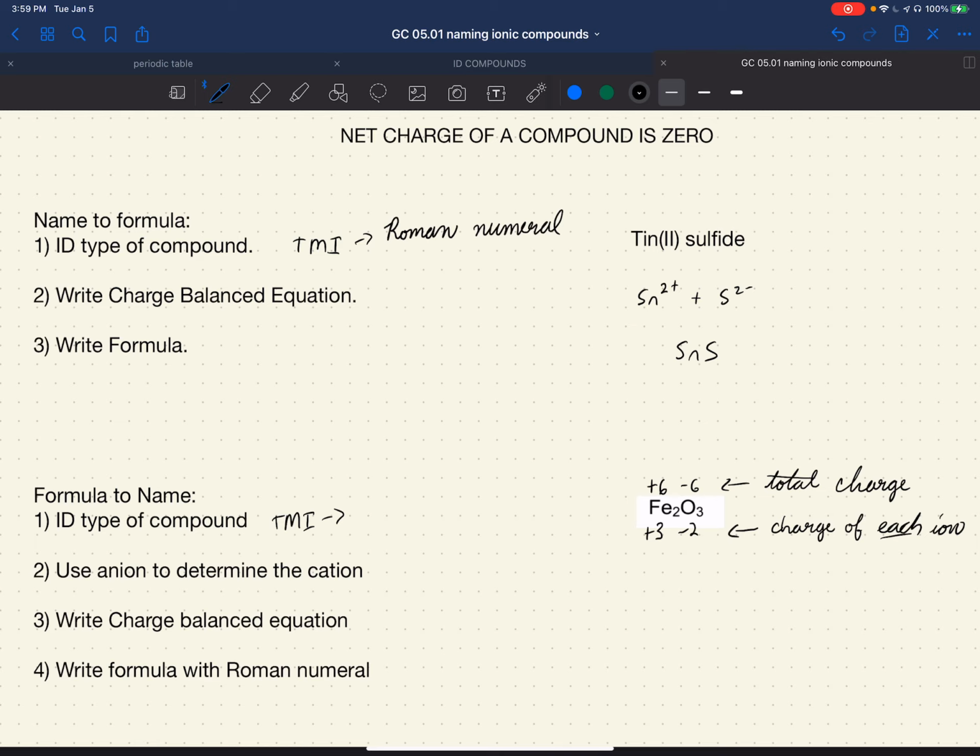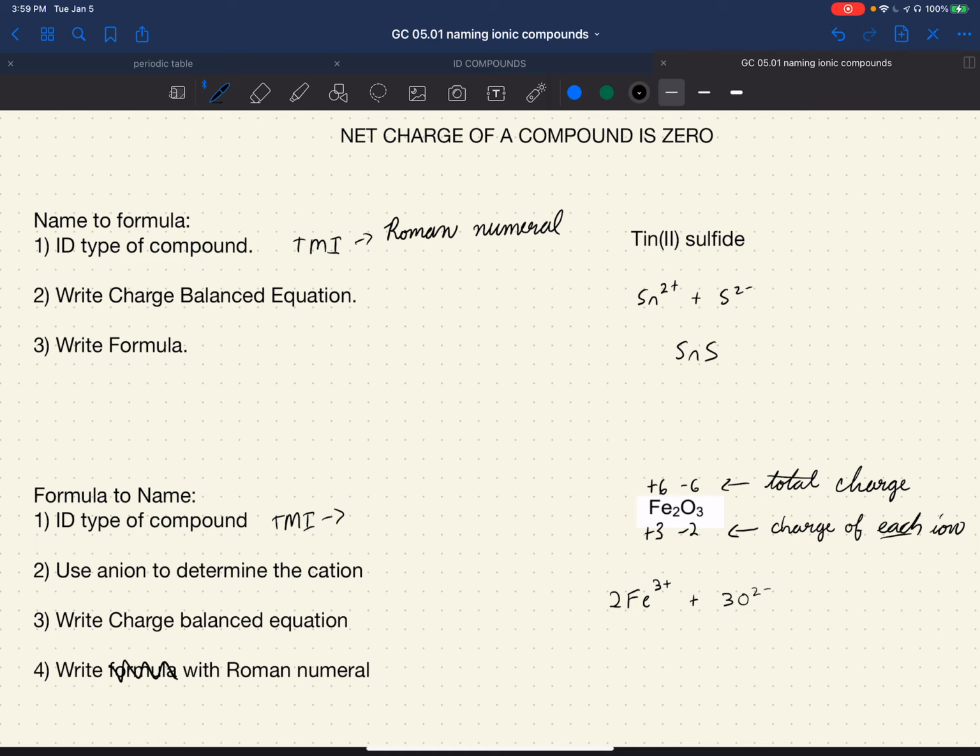And I can write my charge balance equation. So I know I have 2 Fe3+ plus 3 O2-, and that makes this compound, Fe2O3. So now we just need to write out the name.